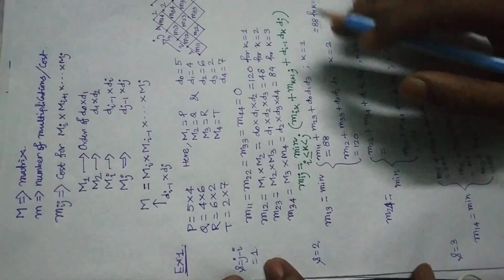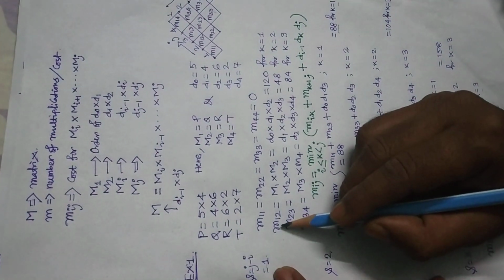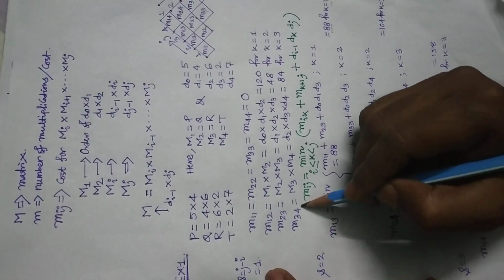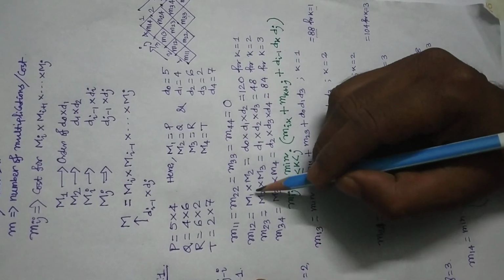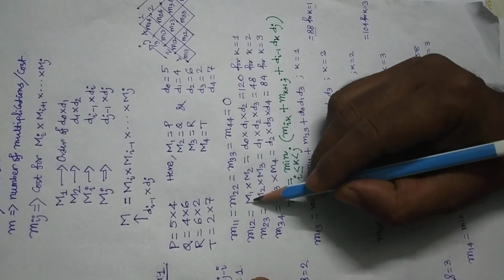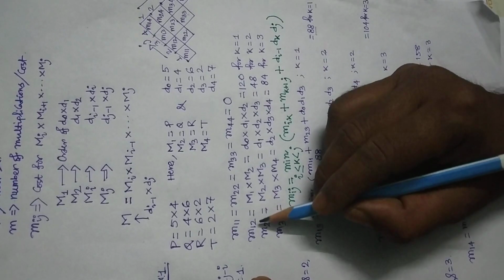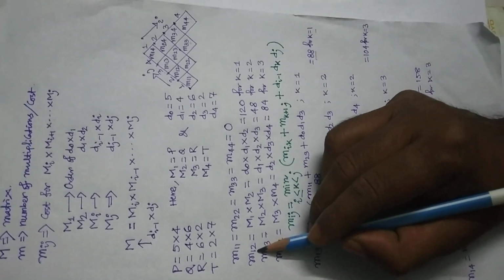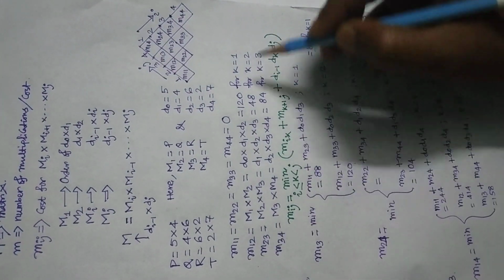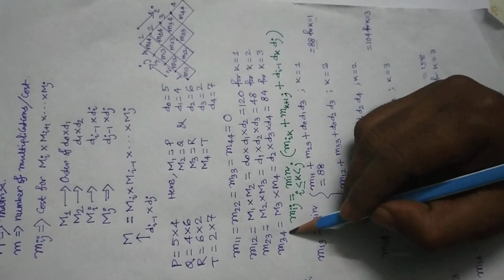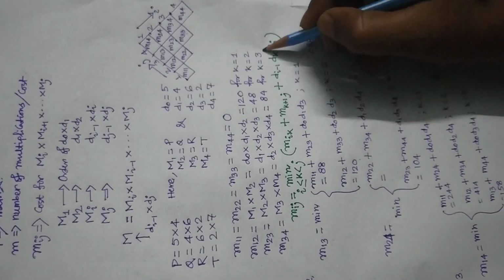Now for calculating M12, M23, M34, just use the formula. M12 means multiply M1 with M2, here k is equal to 1. For M23, k is equal to 2. For M34, k is equal to 3.